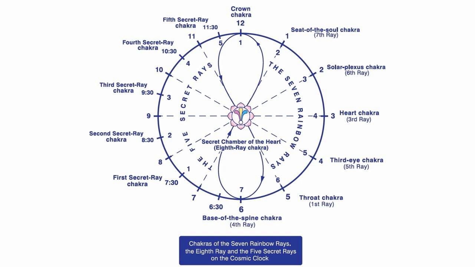Now, what it is important to realize is that the 7 rays are the outer rays of manifestation. This is our principal assignment. We have to make some balance, some semblance of balance, of love, wisdom, and power on these rays and in these chakras in order to have a sufficiency of balance of the threefold flame of the heart.